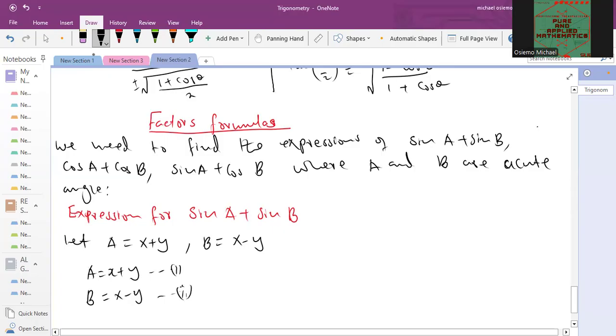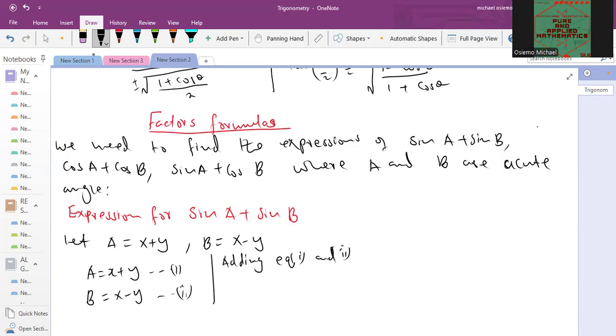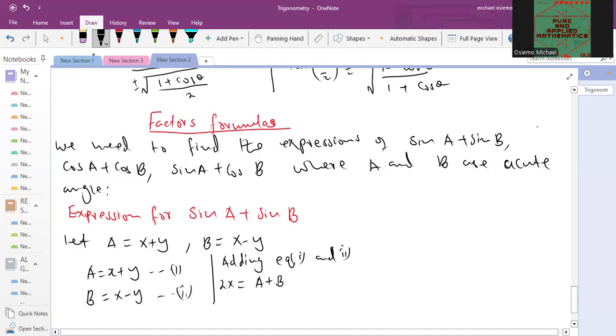If we add equations 1 and 2, you're going to have A plus B is equal to 2x. So 2x will be equal to A plus B, and dividing by 2 on both sides, x is equal to A plus B over 2.